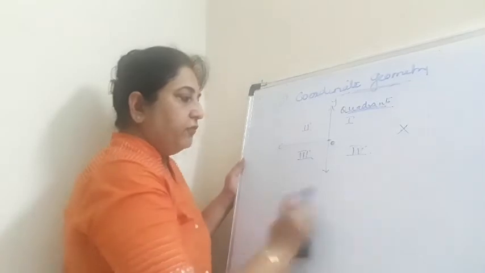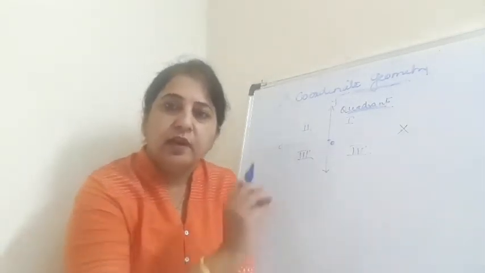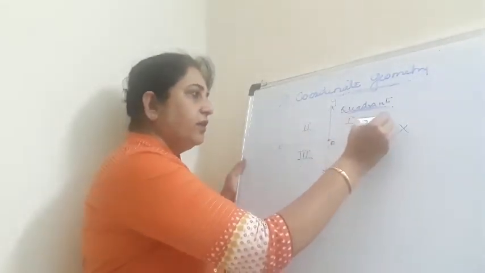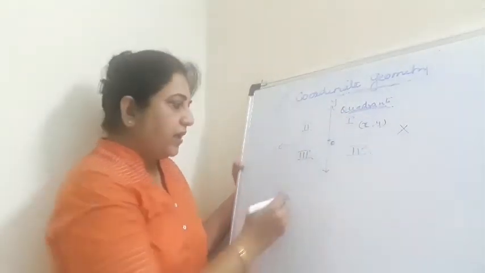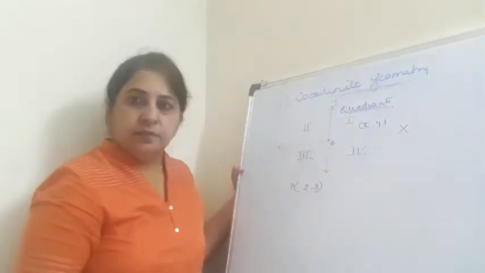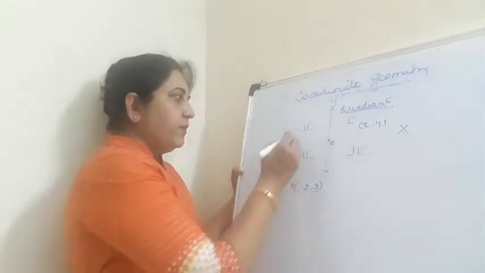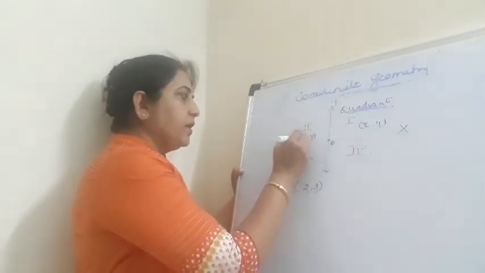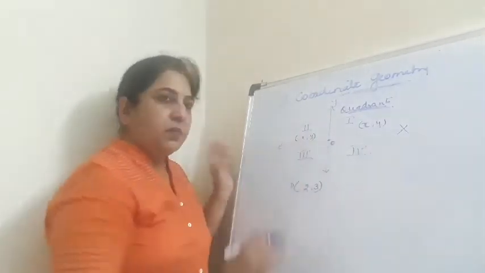Now, when any point is given to you, how will you come to know in which quadrant it lies? You have to remember that in the first quadrant, both the x coordinate and the y coordinate will be positive. So if any point is given to you, suppose (2, 3), it will lie in the first quadrant. Then coming to the second quadrant, x will be negative and y will be positive.